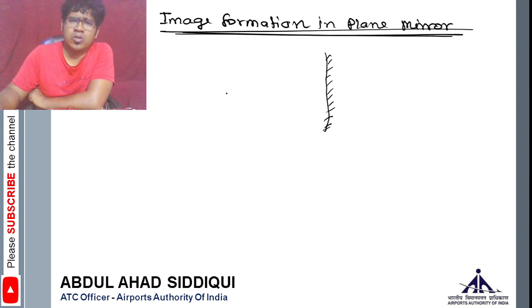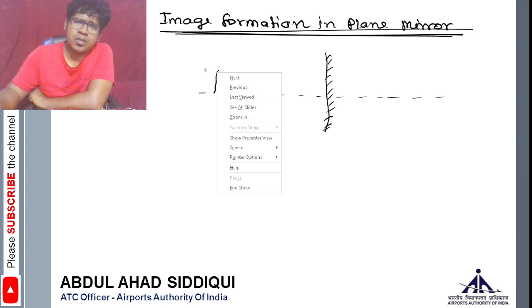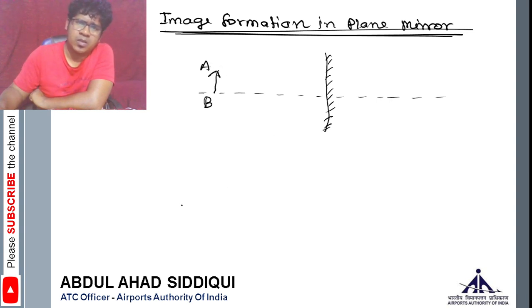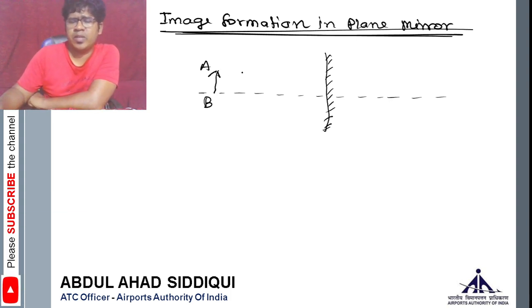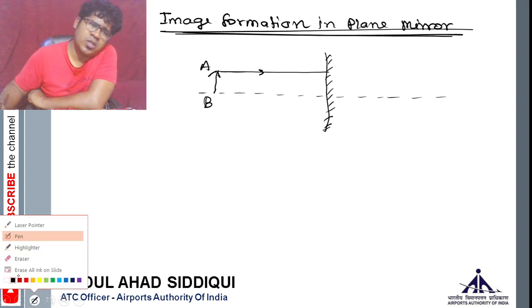Okay, so let's say this is the horizontal line, and suppose one object AB is kept here. This is A, this is B. So let's say this line is coming here. Let's say this is the incident ray falling here. So the angle of incidence will be what?